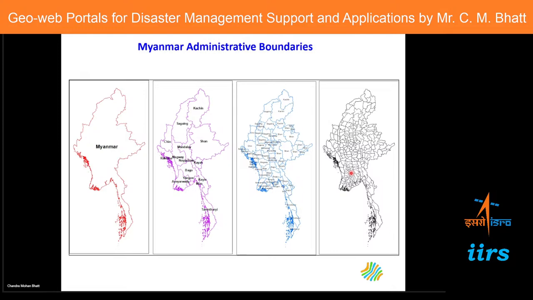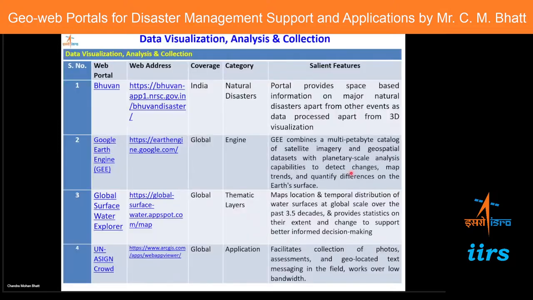We can have easy access. Once you are able to get these kind of boundaries or information with you, we also think of visualizing the data, so that we can have a better perspective or better understanding.